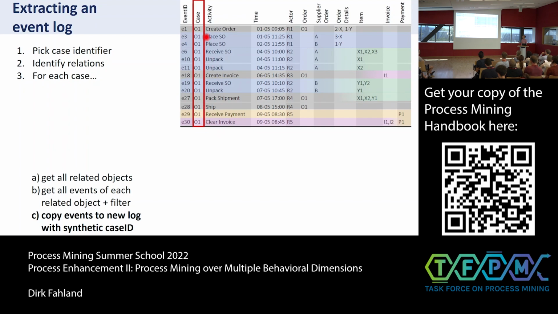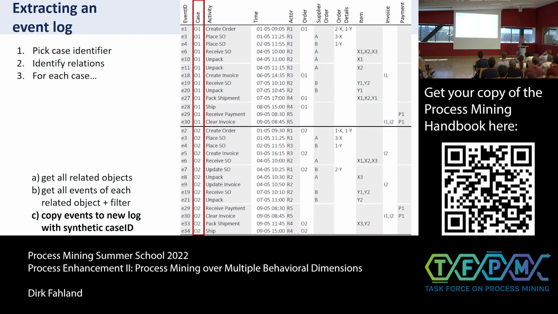And then creating a new synthetic case identifier, which I, for convenience, call just case. It's duplicating O1 in some parts, but here it's indicating, look, these entities have been remotely related to O1. I do the same thing for O2. So that would be our event log.